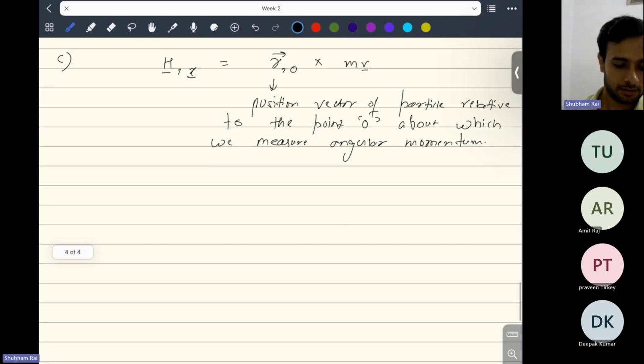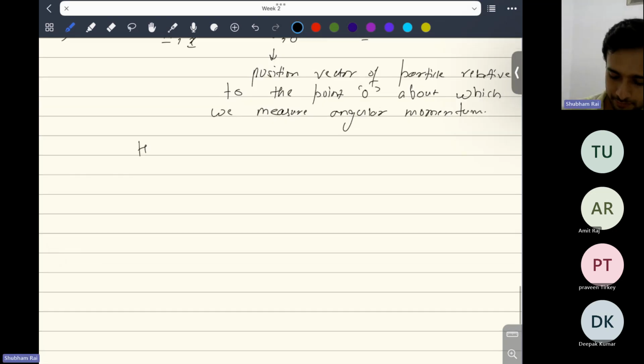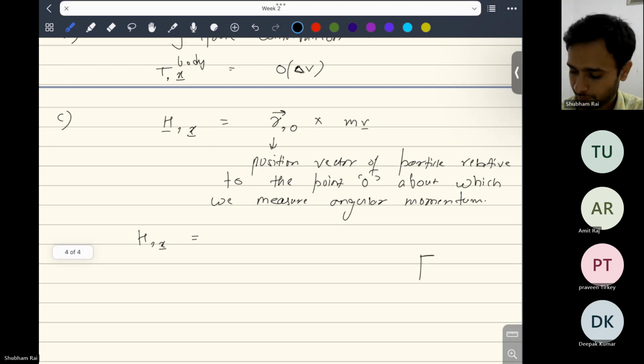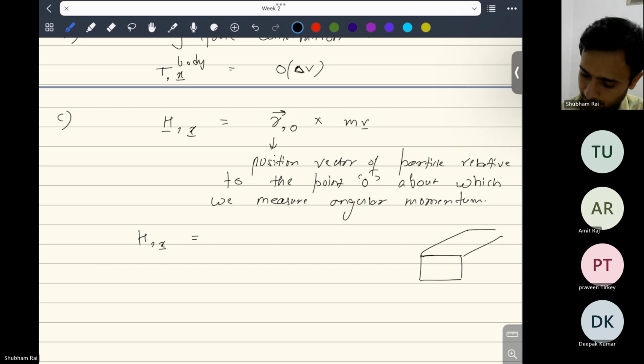Okay, so let's say, in this small volume of the body, let's say we have this body here, and the point at which we are finding angular momentum, let's say this point is x. Here we have this point x.